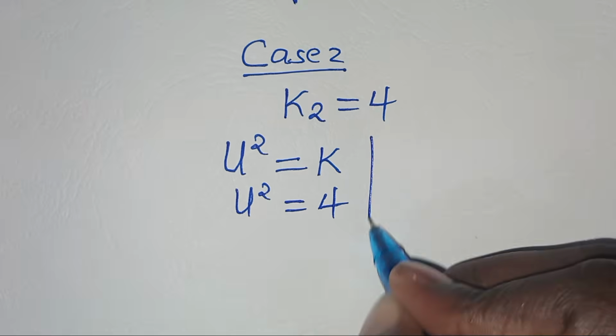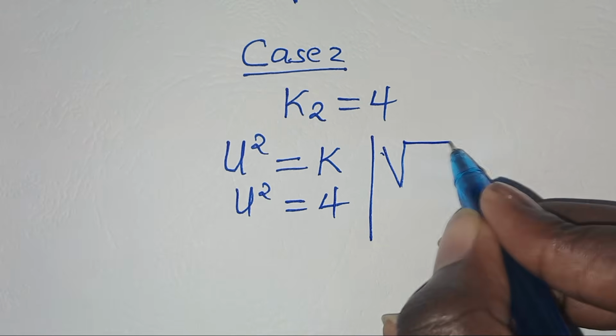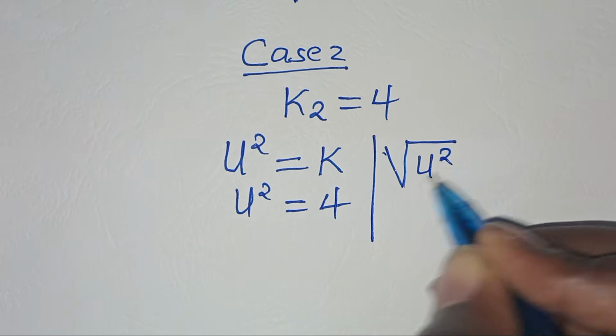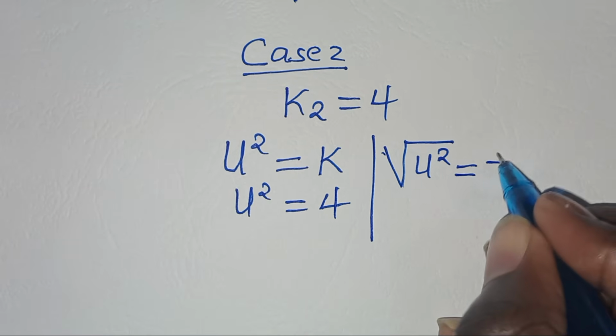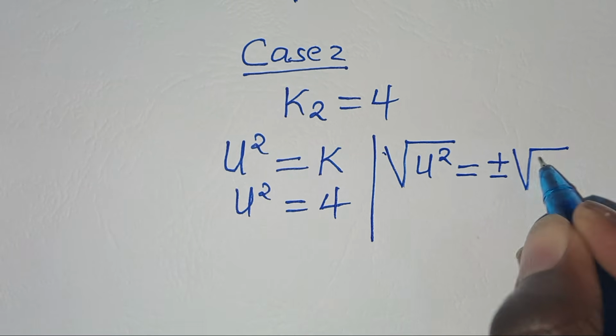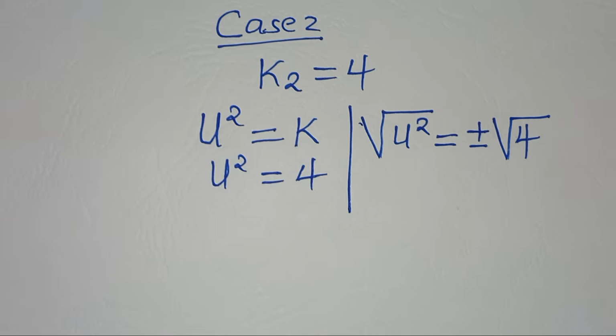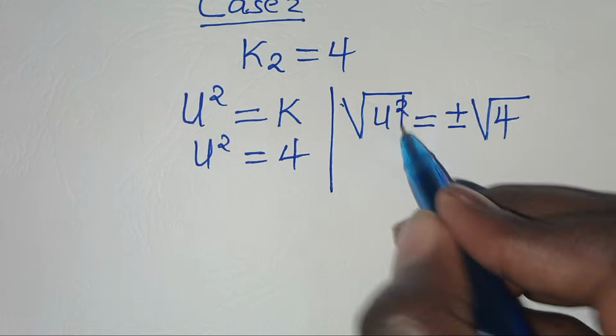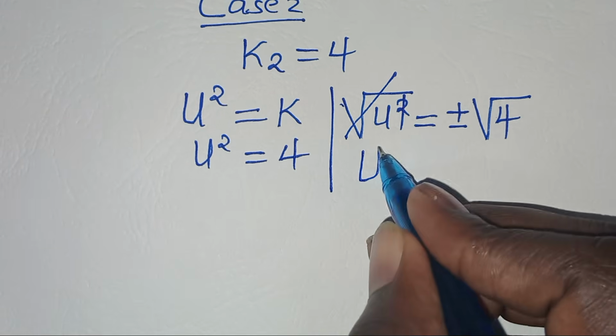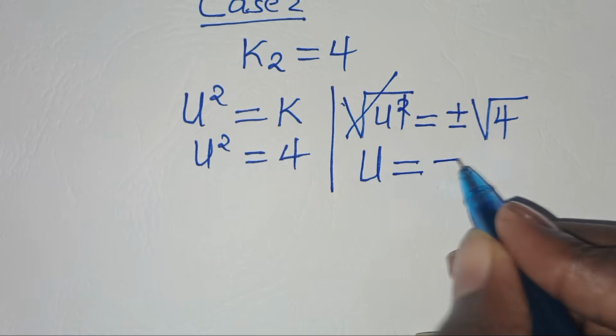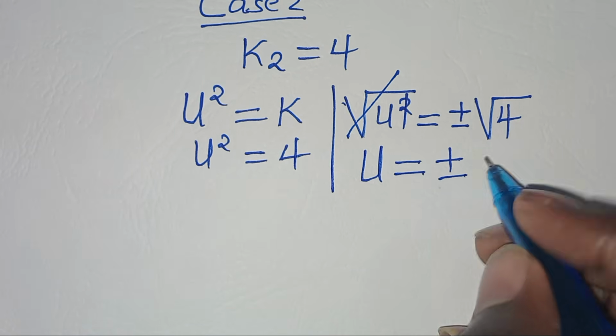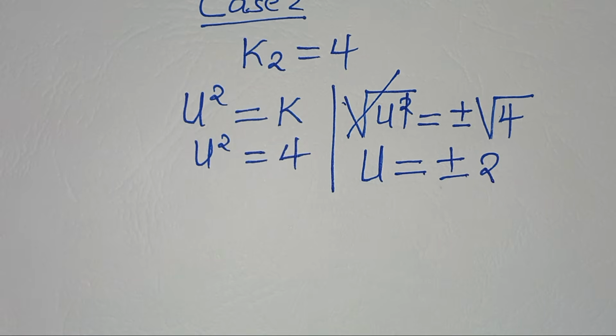So we can solve for the value of u. Remember, u squared is equal to k. So u to the power of 2 is equal to 4. Let's introduce a square root on both sides. The square root of u squared is equal to plus or minus the square root of 4. Now let's simplify here. Eliminate the square root sign, so that u is equal to plus or minus the square root of 4, which is equal to 2.